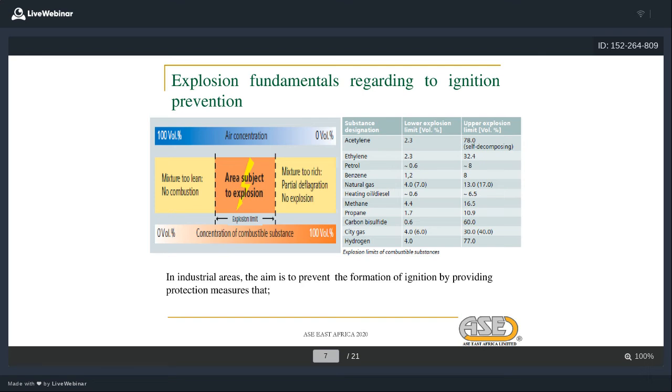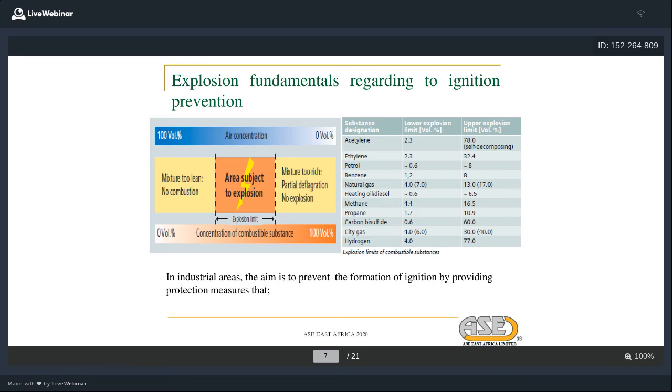Below this limit, no combustion will occur, or the combustion will propagate with difficulty.